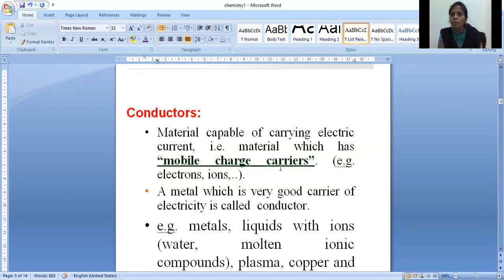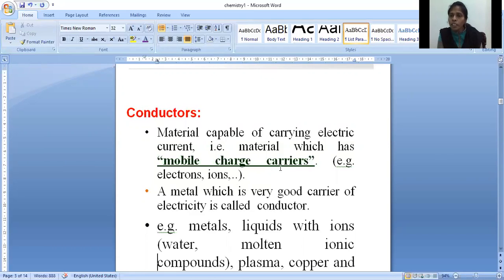What is mobile? Mobile is nothing but mobility or movement. If any material has particles which are mobile, those materials pass electricity.